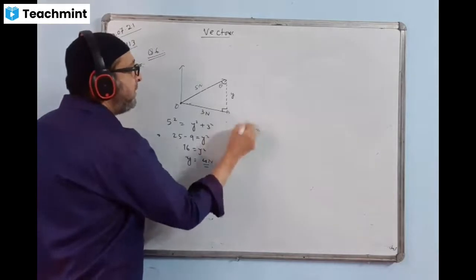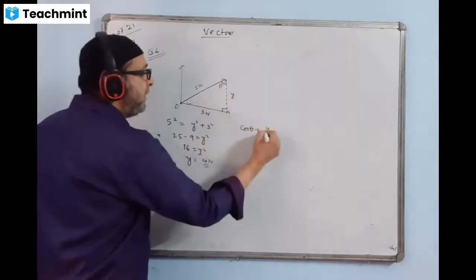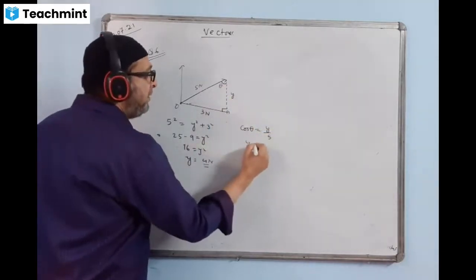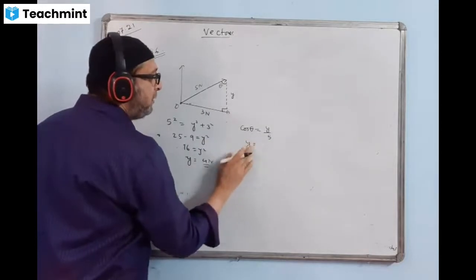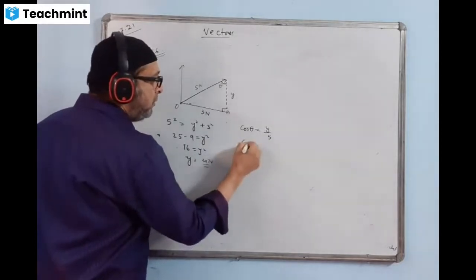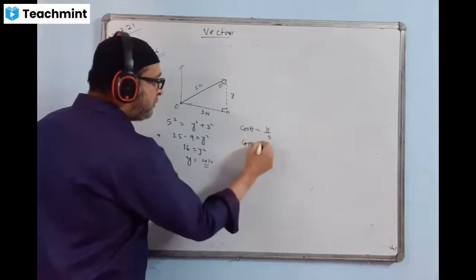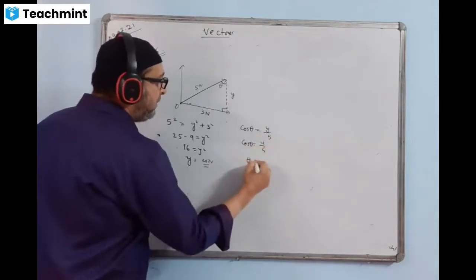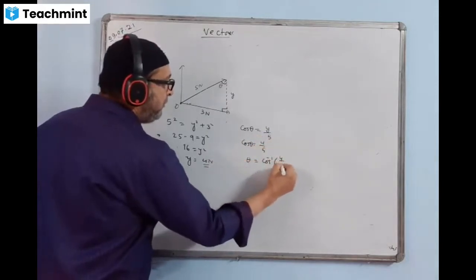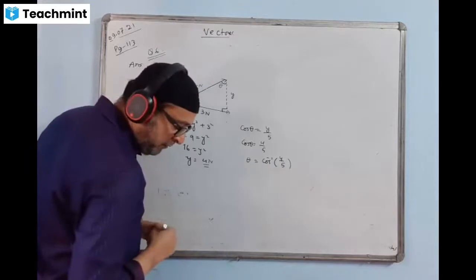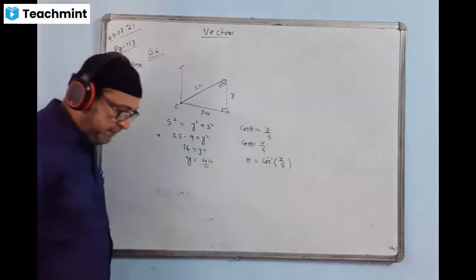Cos theta will be base by hypotenuse. This is the base y upon 5. Y value we have 4, right? 4 by 5. Therefore, theta is cos inverse of 4 by 5, the value of which you can find using a calculator.